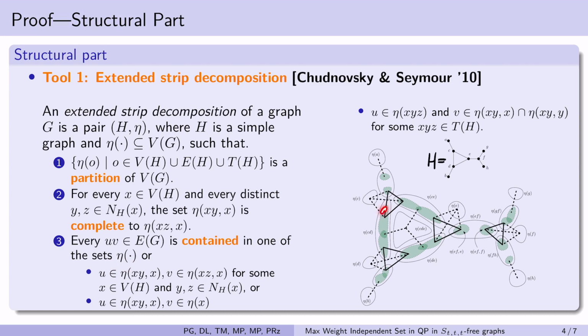So for example, they are inside one edge, or inside a vertex of H, or inside a triangle. It's also possible to go from this vertex set of H to some adjacent edge close to this vertex.